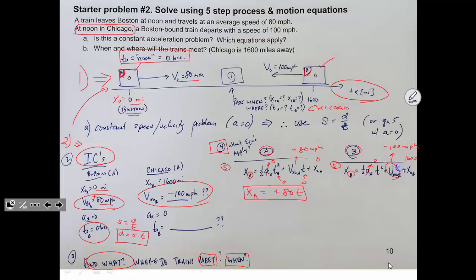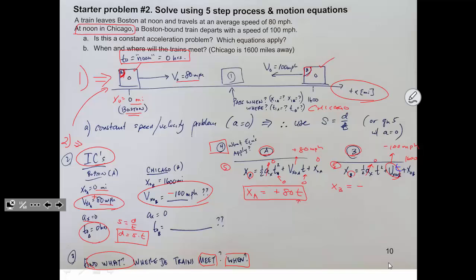If we do the same thing for the Chicago train, watch what happens. I've got my Chicago train leaving for Boston. My acceleration is 0, so that's gone. I've got negative 100 t, plus, don't forget, I'm actually starting out in Chicago, which is at the 1,600 mile mark on my number line here.